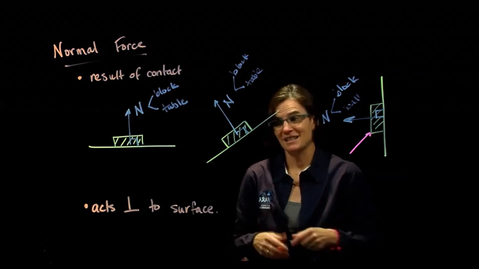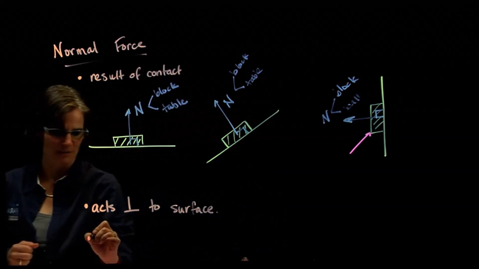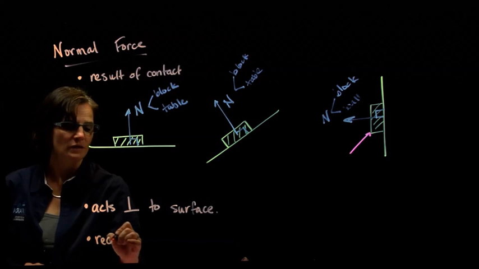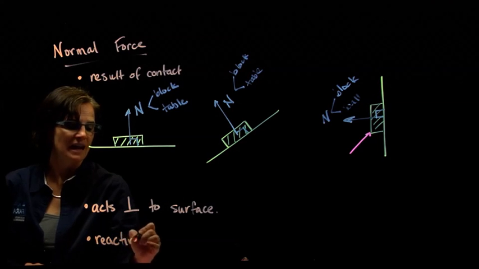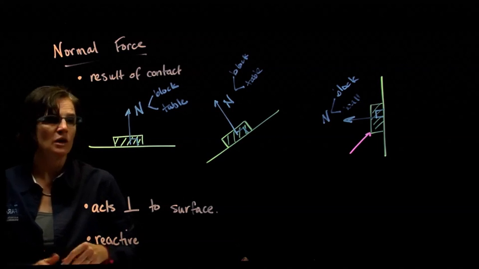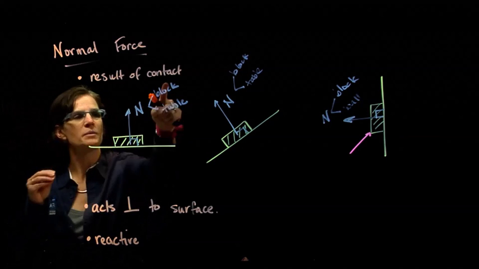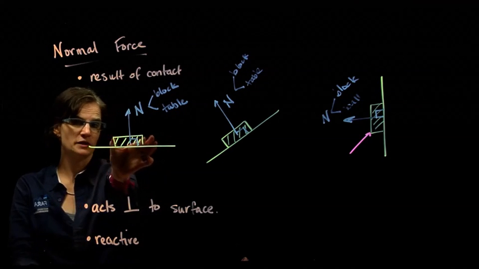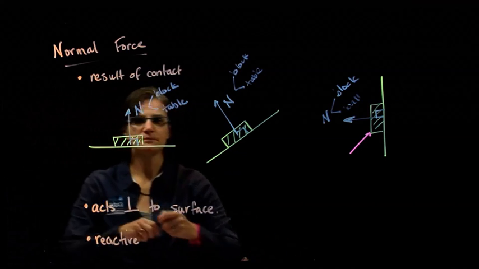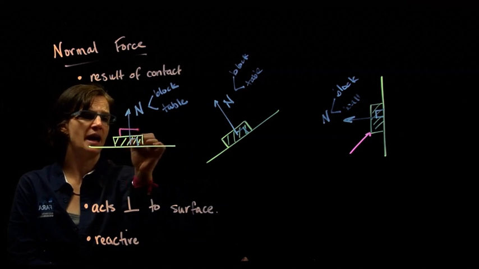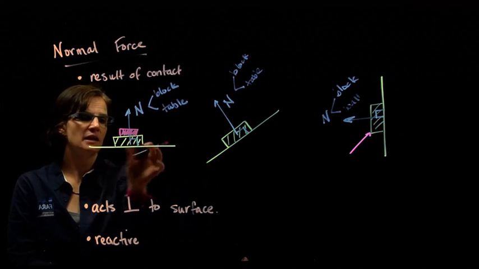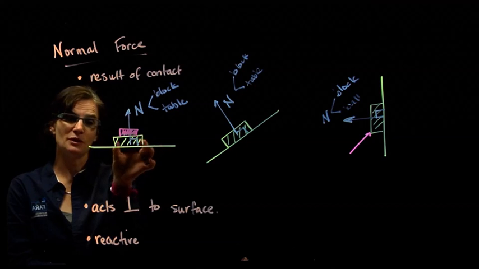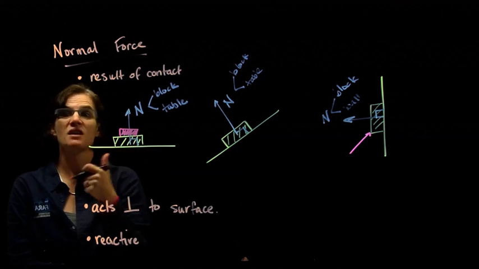They're reactive is the final thing that I want you to be thinking about. They're only as large as they need to be. So it truly is the force between the block and the table. So in this example, if I'm looking at the forces on this green block, if I add another mass on top of the green block, then that interaction between the green block and the table goes up.